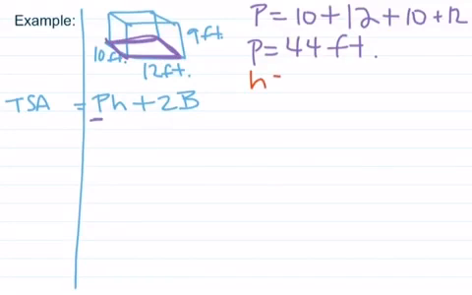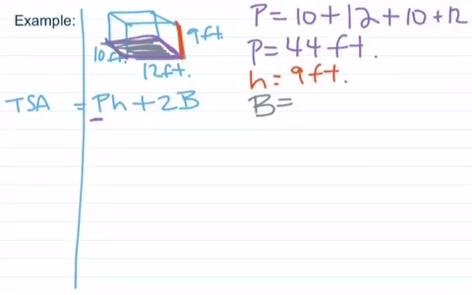The H, remember, is the height of our prism. So here's the height of the prism. It connects the two bases. That's going to be 9 feet. And then the capital B, remember, is the area of the base.